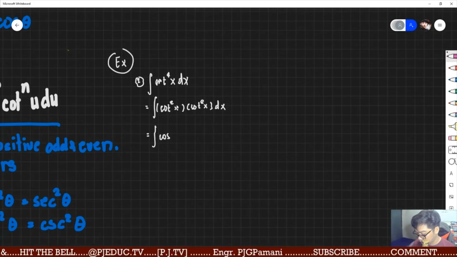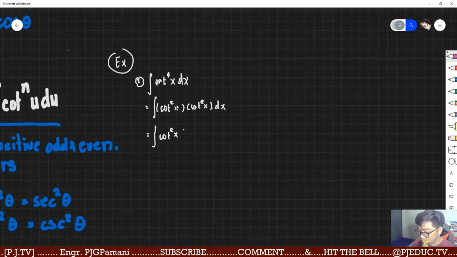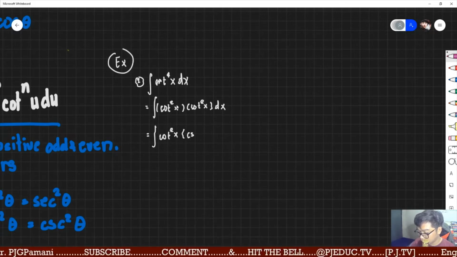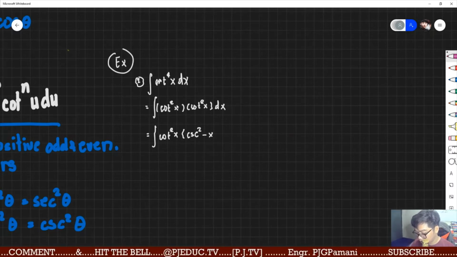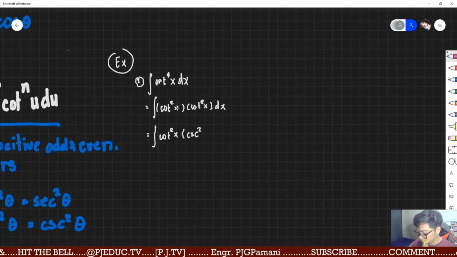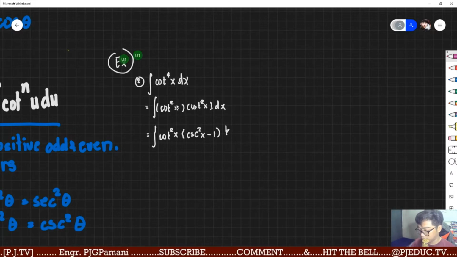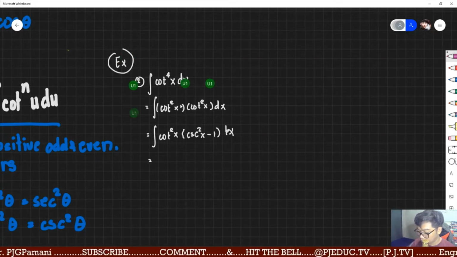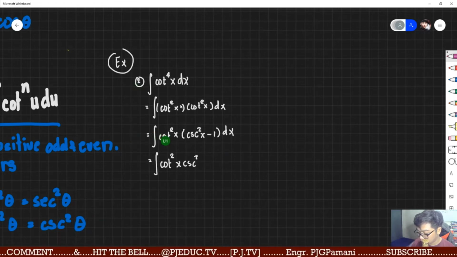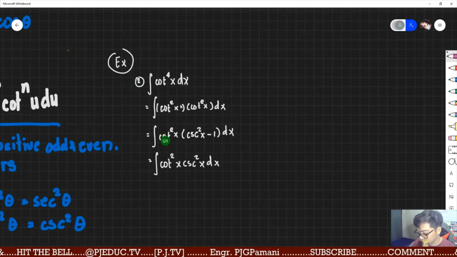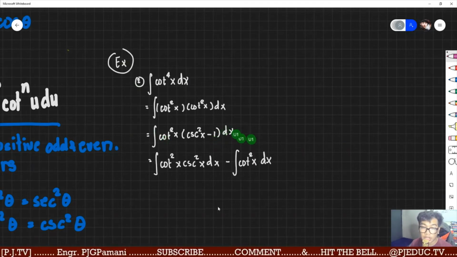Such that cotangent squared x can also be expressed as cosecant squared x minus 1 dx. Distribute, the integral of cotangent squared x cosecant squared x dx minus the integral of cotangent squared x dx, right?